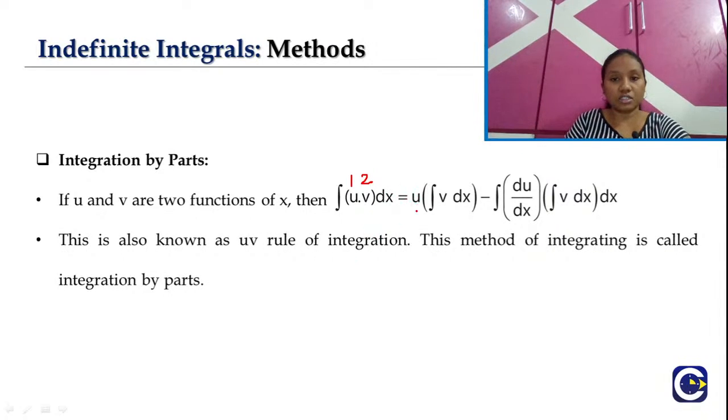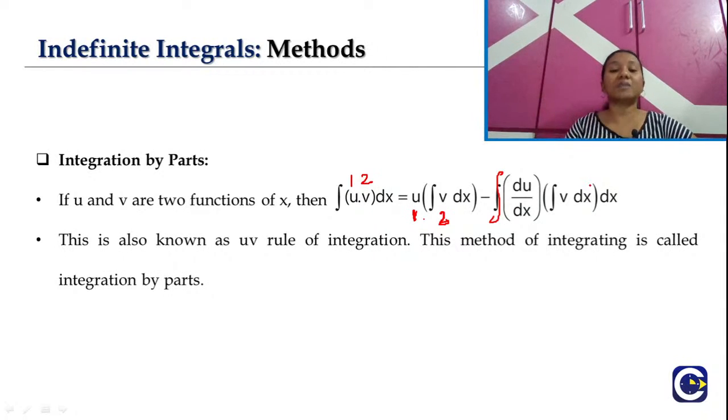First function into integration of second function, minus the integration of the differentiation of the first function into the integration of the second function, right? This will be my UV rule of integration. It will be easy to remember if we go by first function and second function instead of u and v.